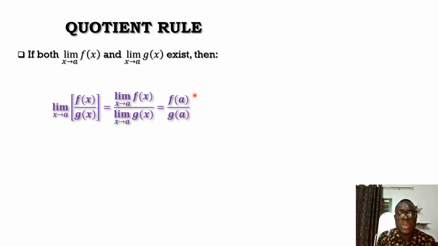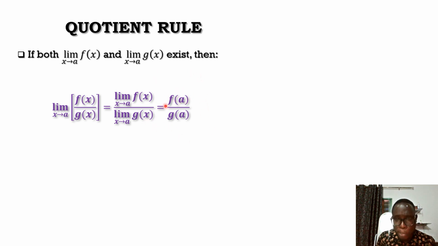That means we are going to find the limit of each respective function for f of x, which is the numerator, and g of x, which is the denominator. Then divide their results. So you find the limit for the numerator and also find the limit for the denominator. Then you divide their results.